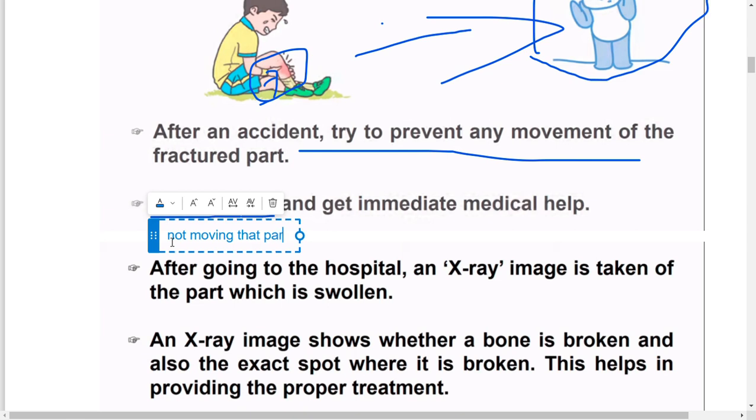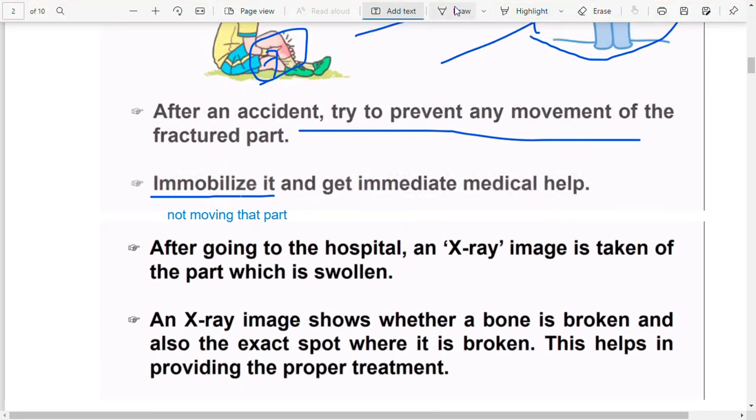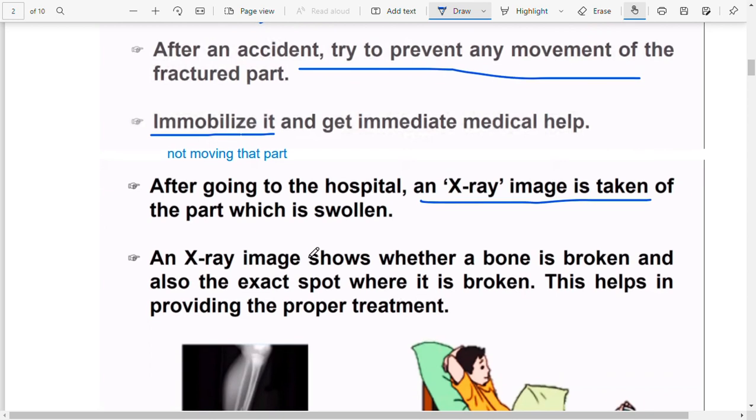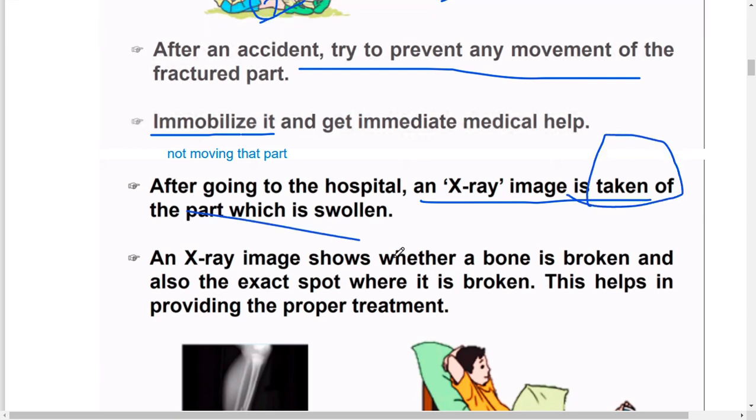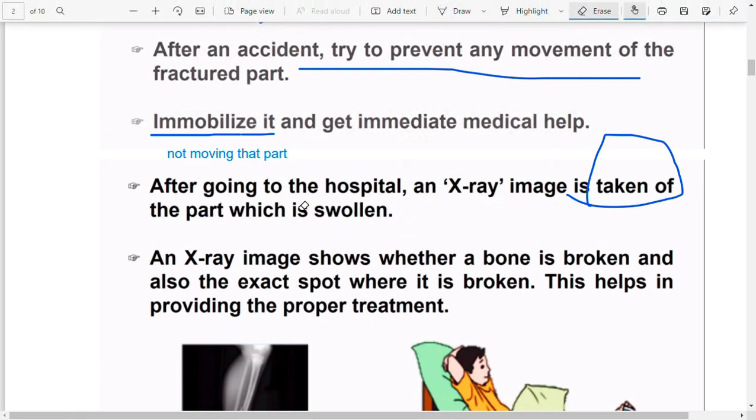After you reach the hospital, an X-ray image will be taken of the part which is swollen, to examine whether the bone is really broken or not.